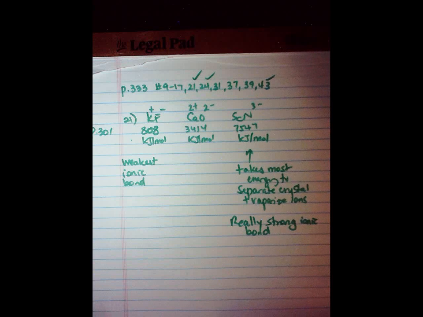Sc, right? 3d1. What's the charge of that typically? Well, it's 4s2, 3d1. So how many electrons do you think you could lose? One or three? Wouldn't it be 2 or 3?